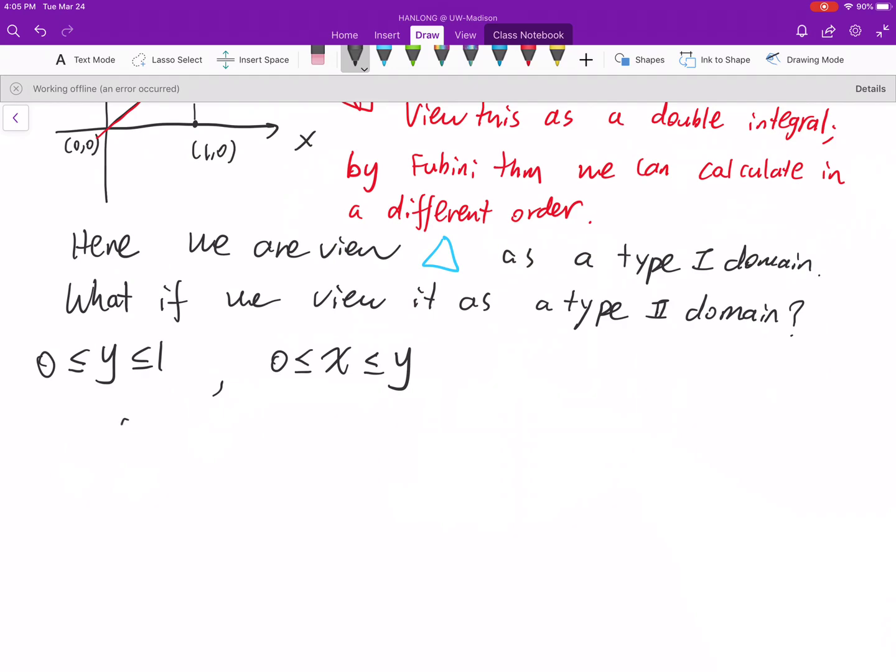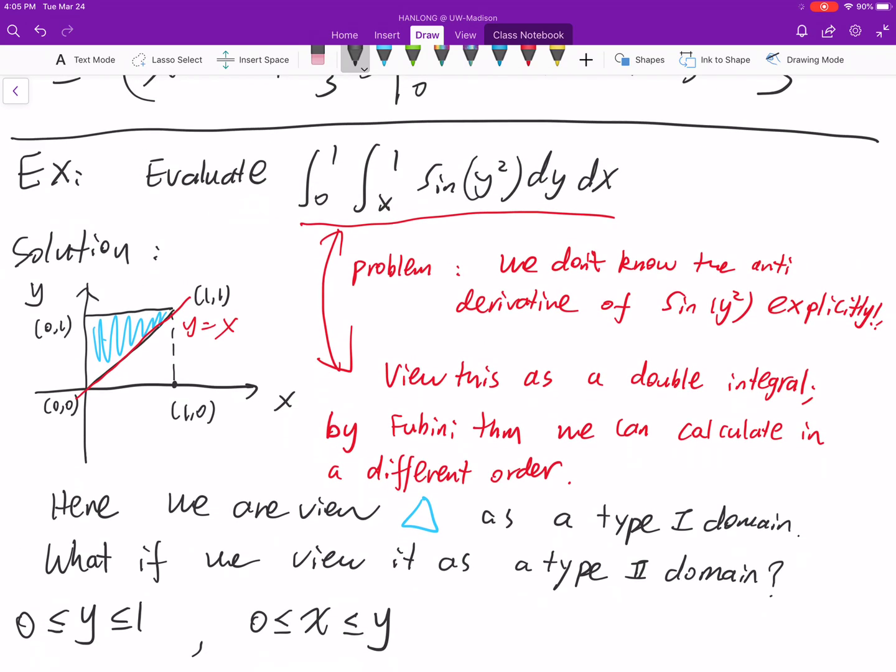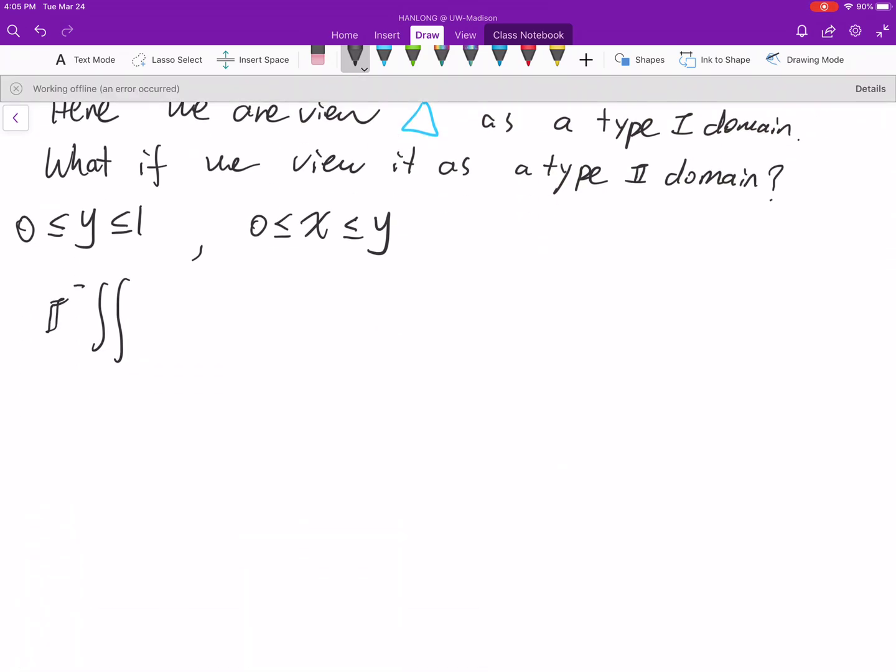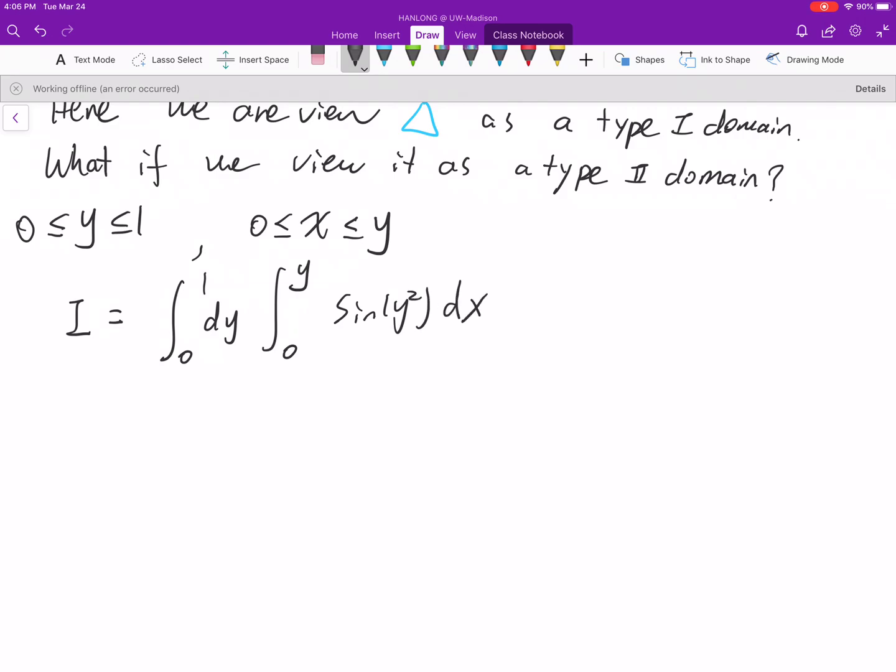Okay, then the integral, let me denote it as I. So I can be written down as the following iterated integral. y is from 0 to 1, and x is from 0 to y, sine y squared dx.